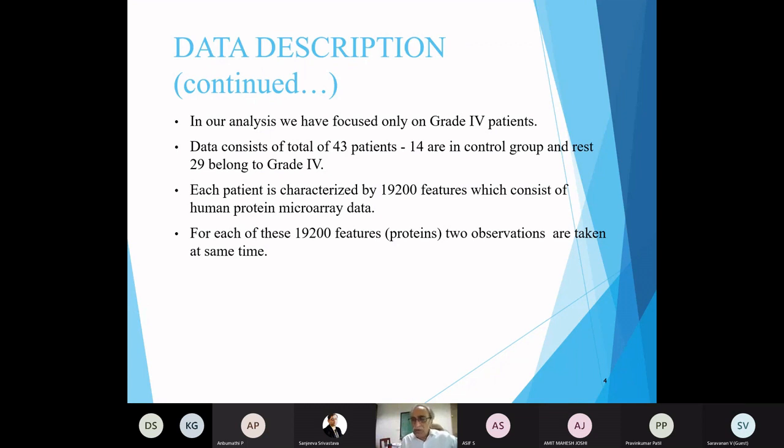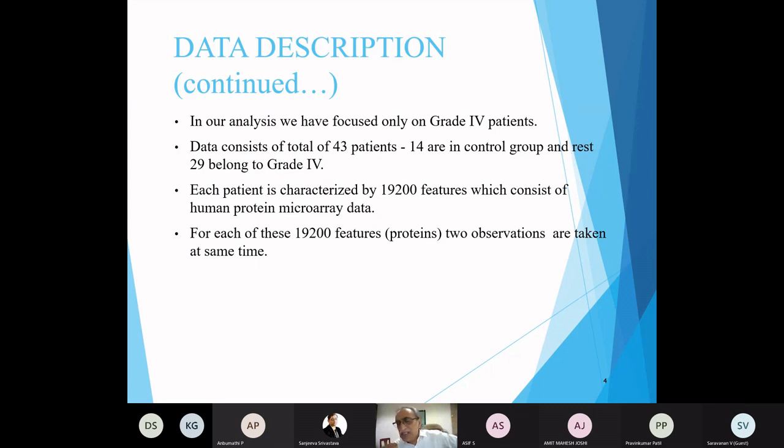Now, the number of patients is usually denoted by n, and the number of features, or the number of proteins, or let's say covariates, is denoted by p. As far as this particular case study is concerned, n is equal to 43, whereas p is equal to 19,200.